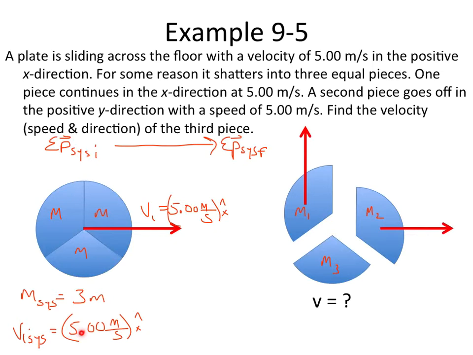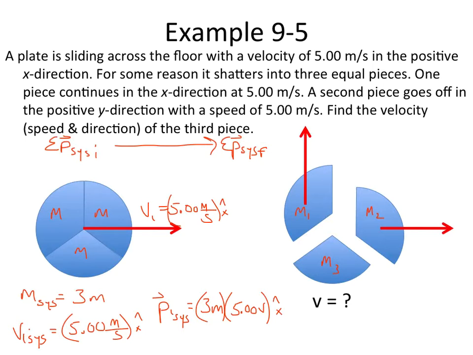So we can say the momentum initial of the system equals 3m times 5.00 v for velocity, and that's in the x hat direction.